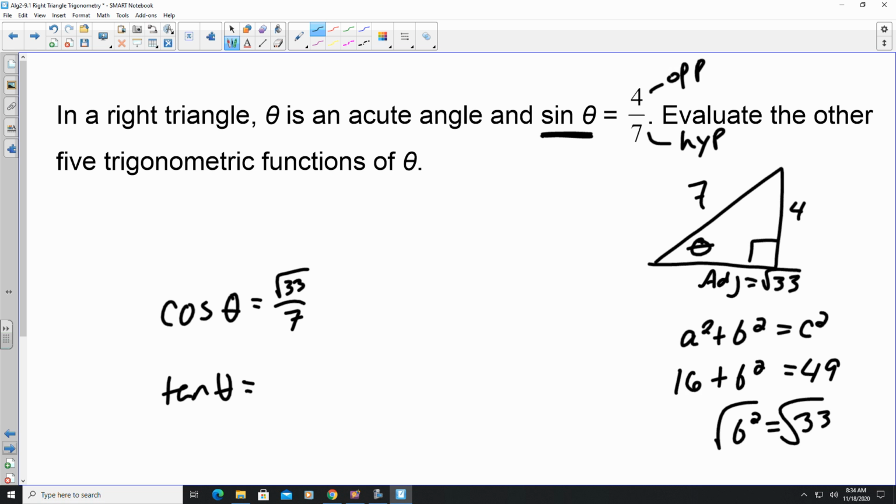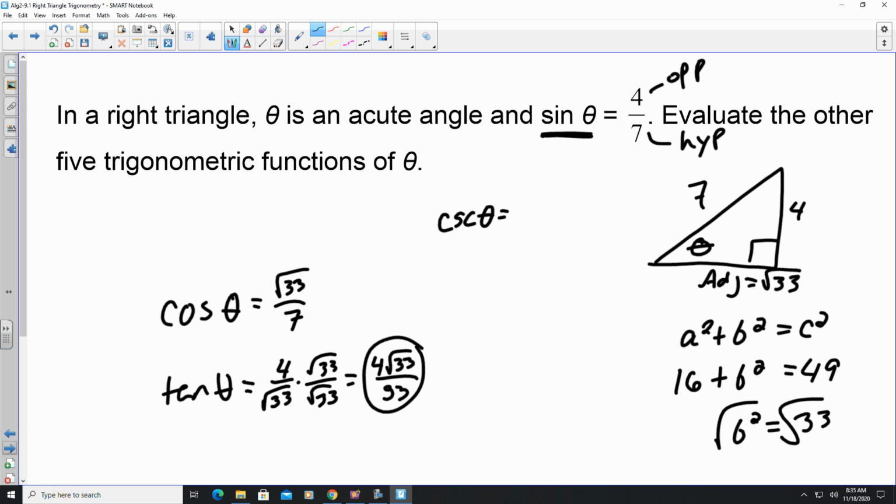Tangent is opposite over adjacent, so it's 4 over square root of 33. You can't leave it like that because you can't have radicals in the denominator, so rationalize it: 4 times square root of 33, all divided by 33. So those are the cosine and tangent.